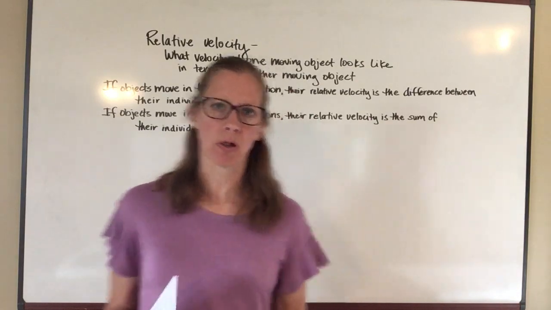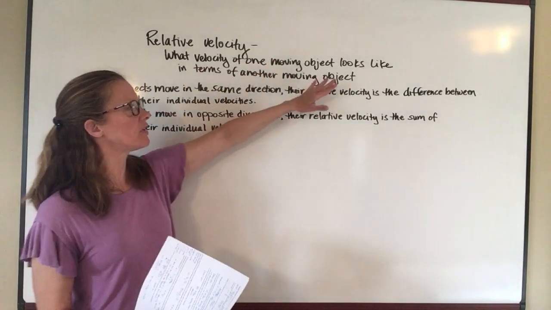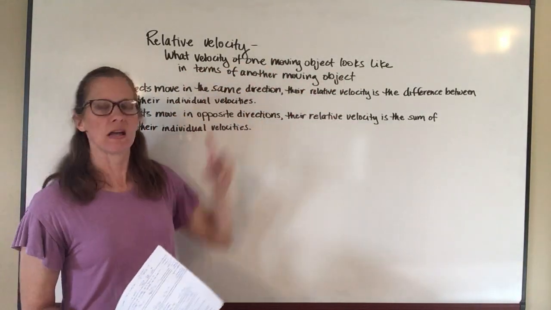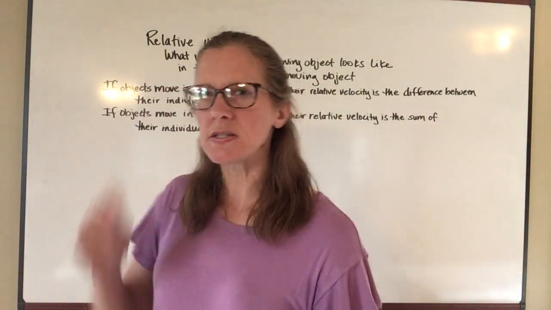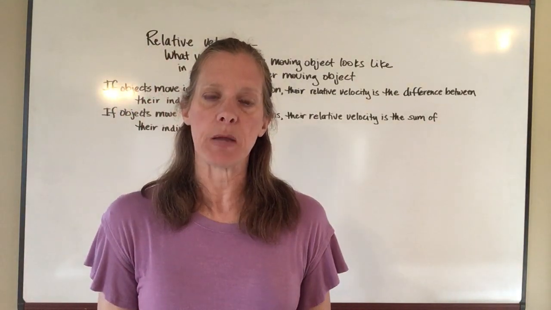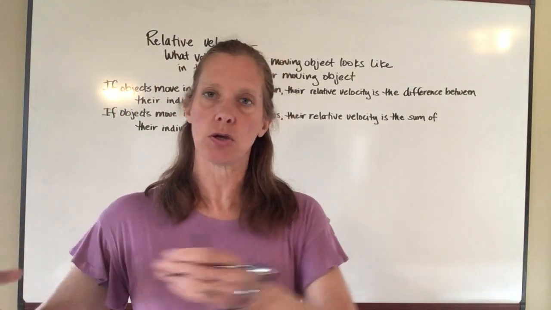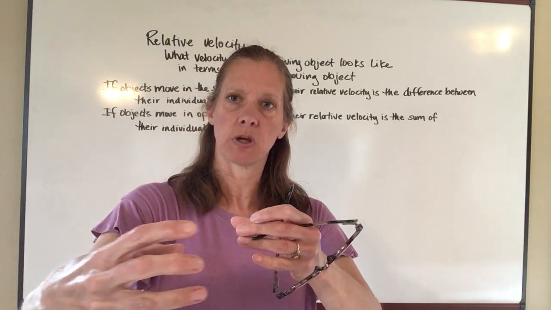Now, when I'm talking about relative velocity, what I really mean is what the velocity of one moving object looks like in terms of another moving object. You've probably experienced this if you've ridden on the interstate, and maybe you've got a big semi who's passing you, so you're going along at this rate, and the semi is coming up and he's passing.